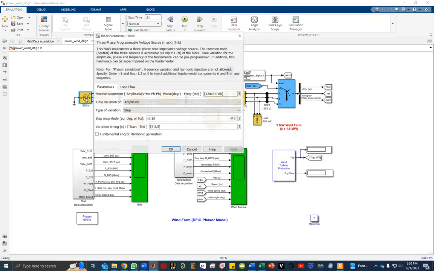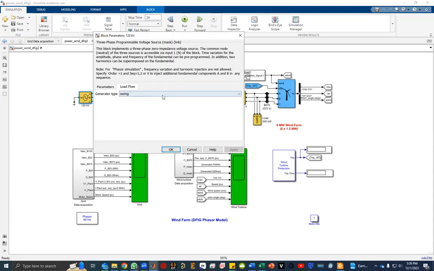If I double click it, you will see some parameters here. This is the amplitude, the phase-to-phase RMS voltage, and this is the phase in degrees. Is there any phase shift or not? And this is the frequency.